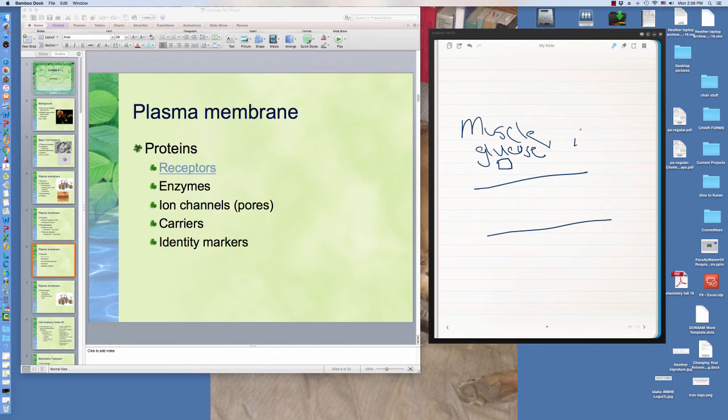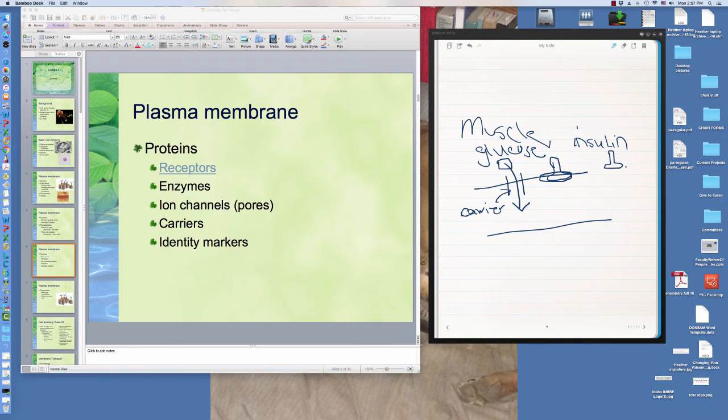And then you also have the hormone insulin that the body makes outside the cell, which they represent looking like a little key. So I'm going to do the same. In order for glucose to enter the cell, insulin has to bind with a protein on the cell surface that is a receptor. So once insulin binds to that receptor, that then opens a passage for glucose to enter the cell, also through a protein. In this case, it's a carrier protein.